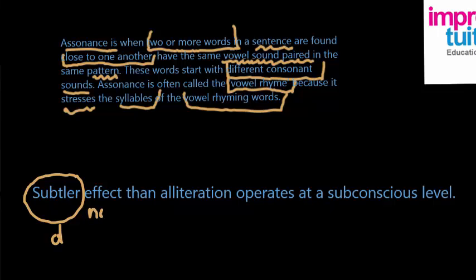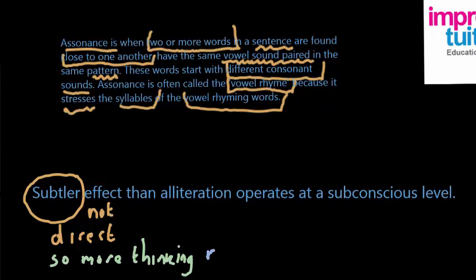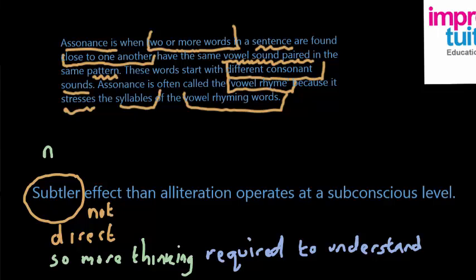So what does the word subtle mean? It's not a direct approach. It's more subtle, so it makes you think. There's more thinking that's required to understand what the writer is trying to do.